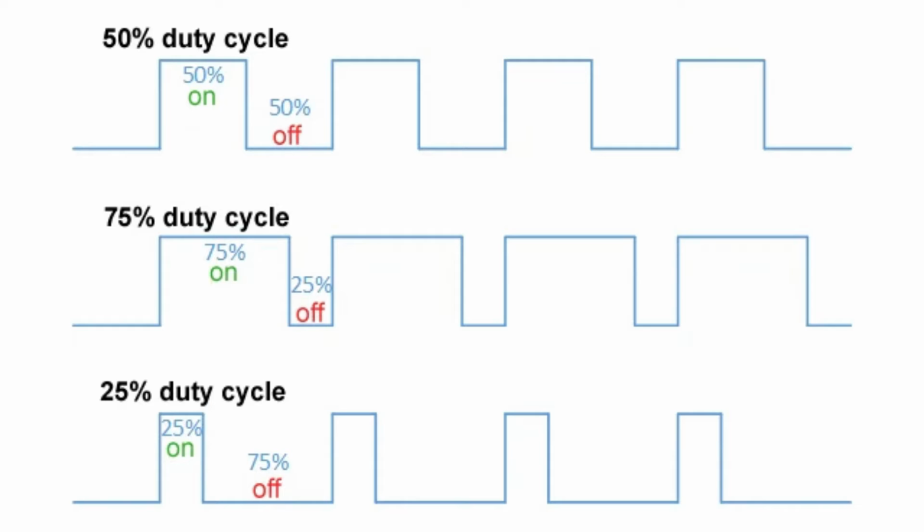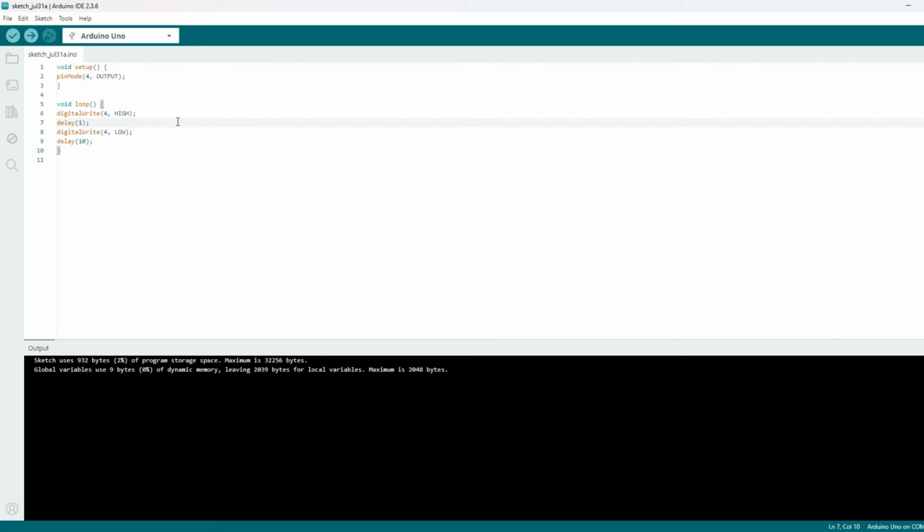So you basically send really quick signals, and depending on the ratio between the time it spends on and the time it spends off, the effect you're going to see is actually the LED simply being brighter or dimmer. So the longer it spends on with respect to the total time, it will be brighter, and if it's on only a tiny amount of time compared to the time it's off, you'll actually just see it dimmer.